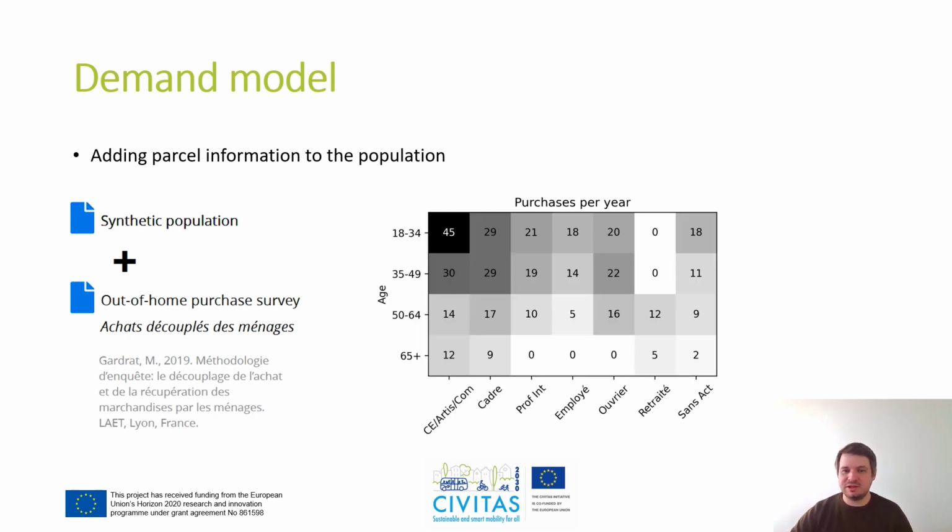And we have similar statistics where we also cross the age groups of a certain household with the type of employment of these people. Which means that we can link socio-demographic attributes of the population which we have in our synthetic data set with the number of parcels that need to be delivered during 1 year, and then also broken down to the daily level.